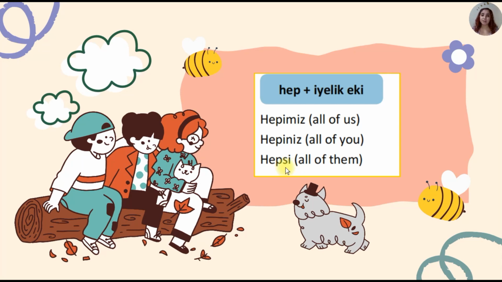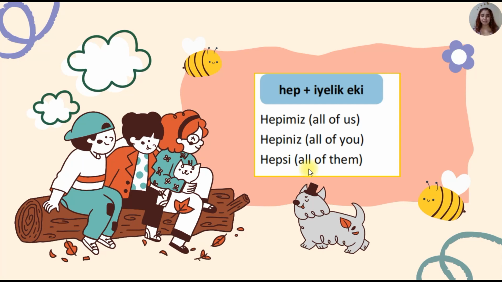Sı, si, su, sü was he, she, it subjects as possessive, but here hepsi, all of them, because you will remember they subject can take also he, she, it subject possessive suffix too. And here leri for they subject is not working. For all of them, we will say hepsi. We will not say hepleri, hepsileri, because do you remember plural suffix rule?